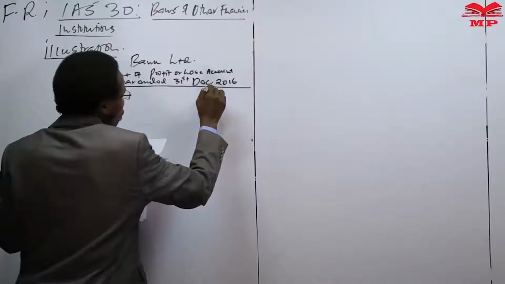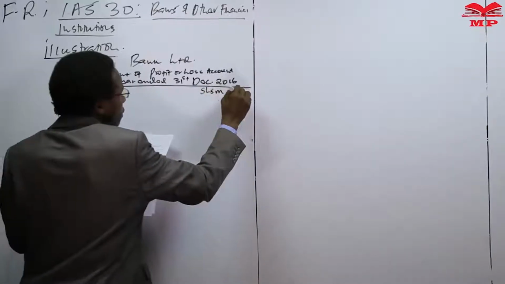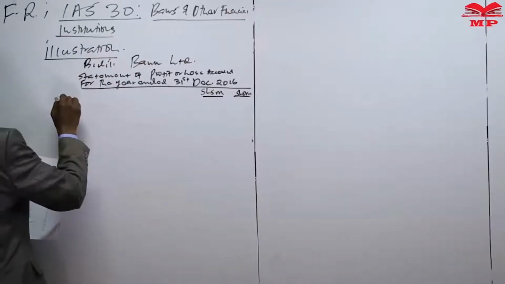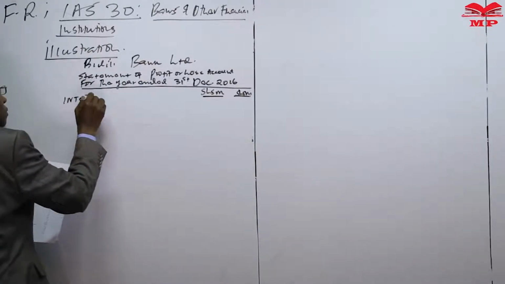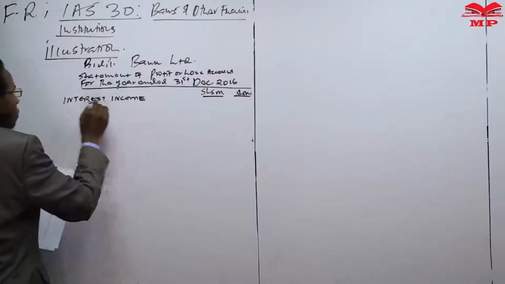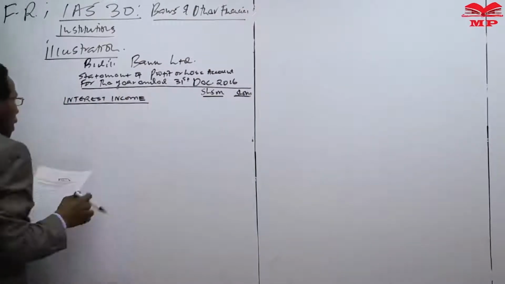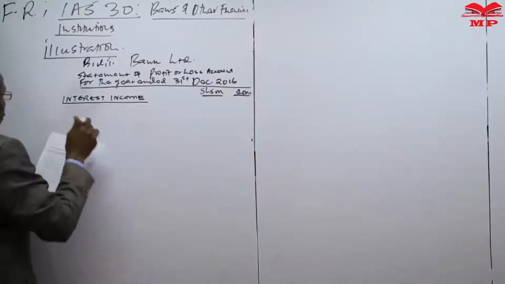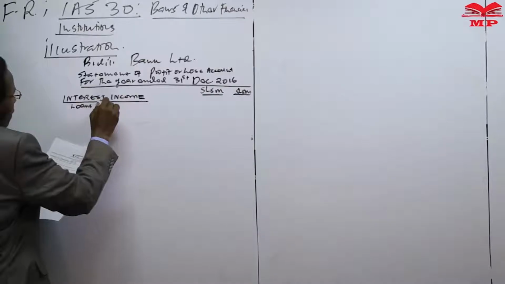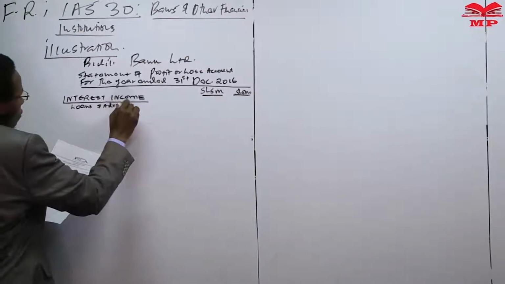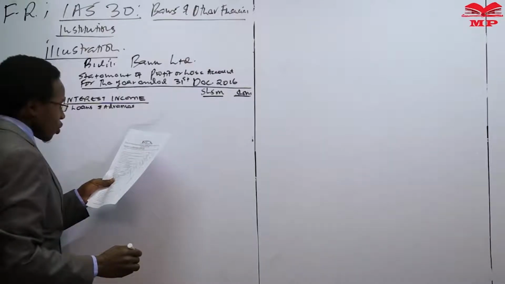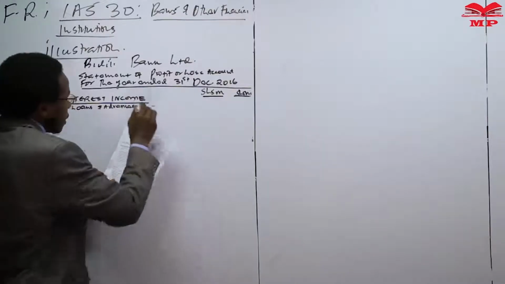So I have the two columns. Figures are in millions. We start with the interest income. Interest income: we have interest on loans and advances to customers.